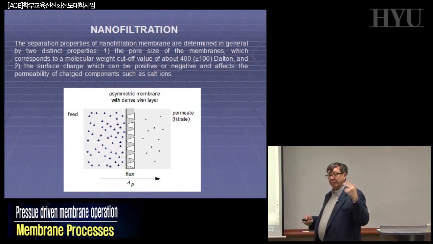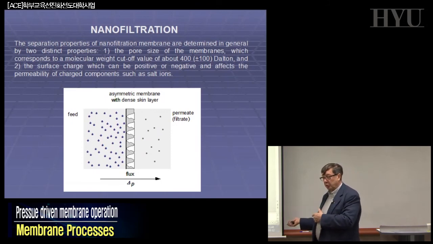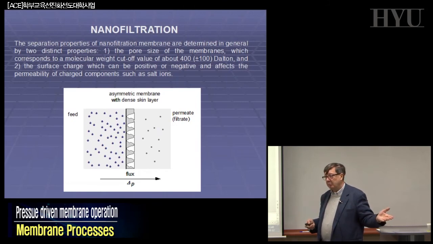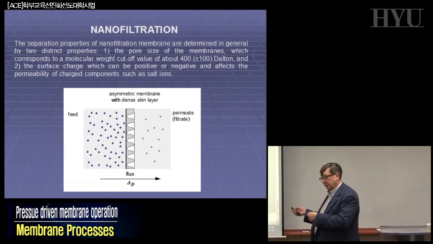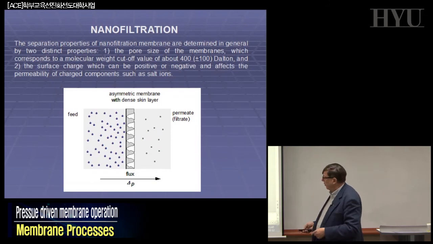Donnan exclusion. So some charged species will go through, some other species will not. Species with double charge will be rejected; the one with a single charge will go through. We can separate monovalent salts from bivalent salts with nanofiltration. This is very important in a lot of industrial applications today, where there is Donnan exclusion, a kind of electrochemical process combined with typical transport phenomena.